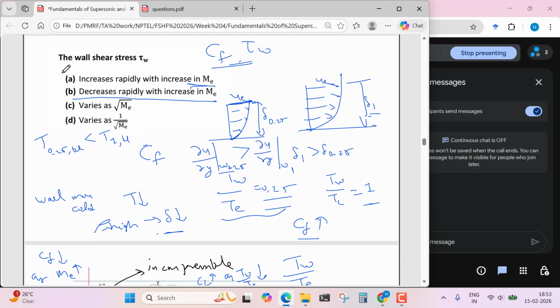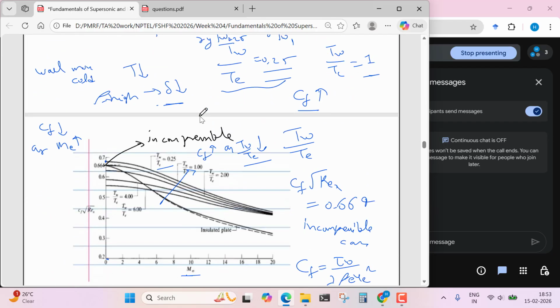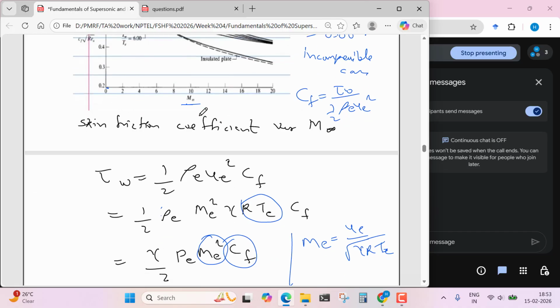But in this problem, it was asked about wall shear stress, not CF. Wall shear stress is given by 1/2 rho e UE square CF. UE square is equal to ME square gamma R TE, because Mach number is given by UE upon under root gamma R TE.